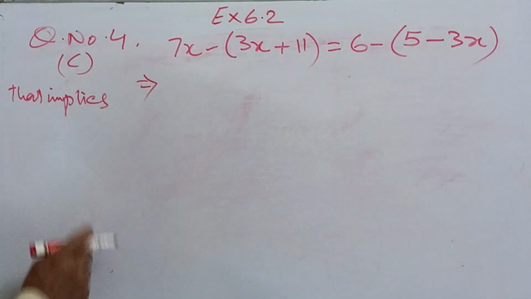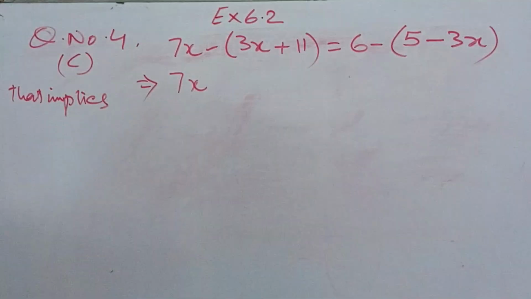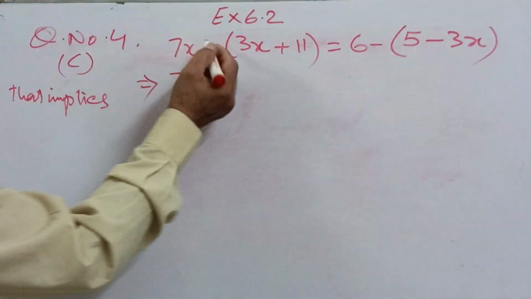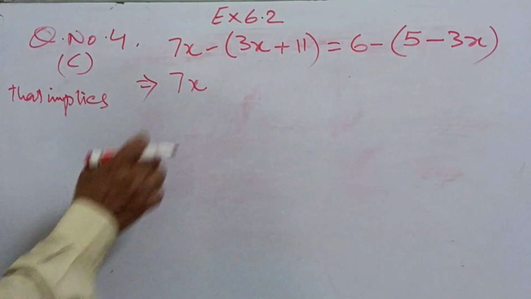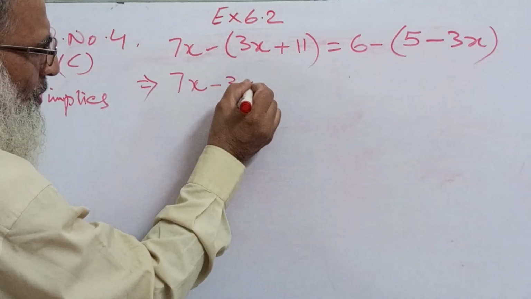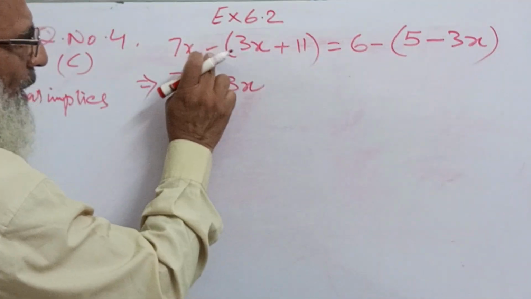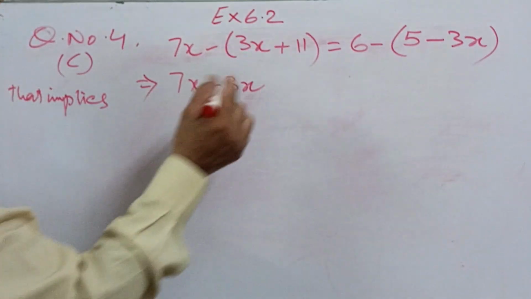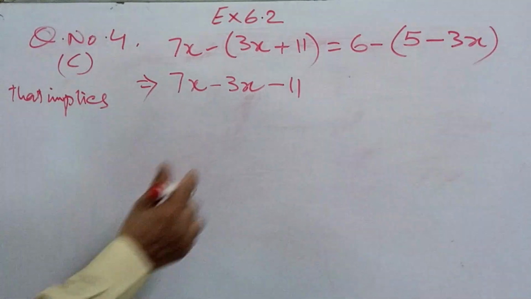Now we will have to open up the brackets. There is a 1 over here which is invisible and is not written. Minus 1 multiplied by 3x, and minus 1 multiplied by 11: different signs, it will become minus 11.